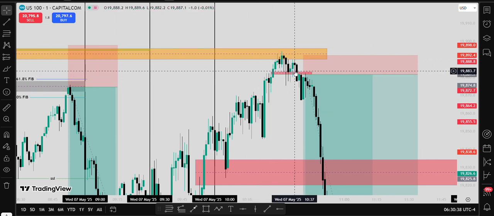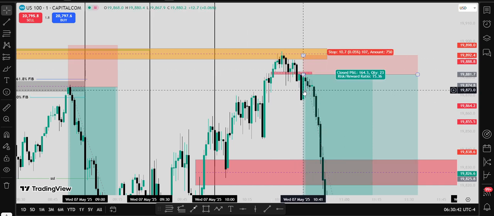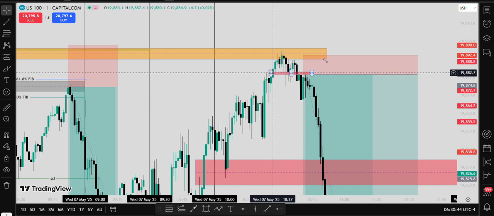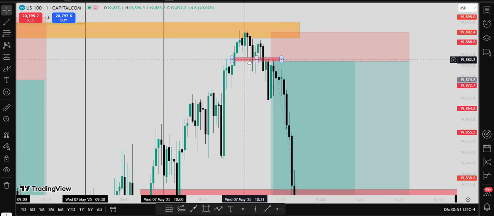But in this scenario, the reason why we took a sell instead of a buy is because it gave us a change of character. What does that mean? Or a market shift. A market shift is this.